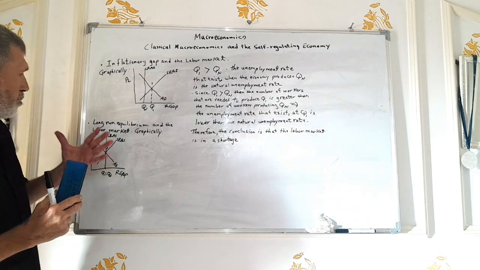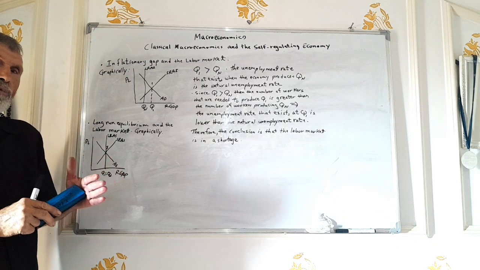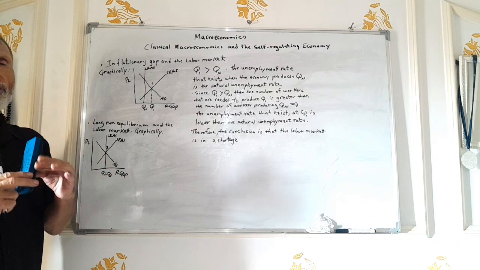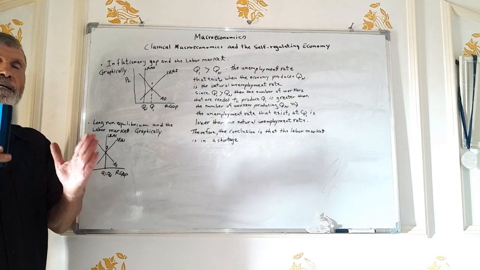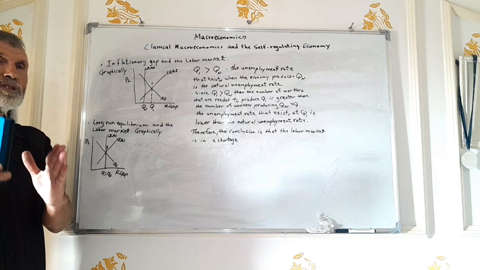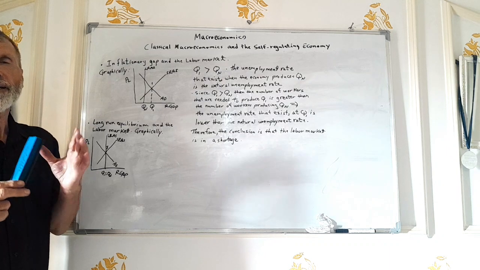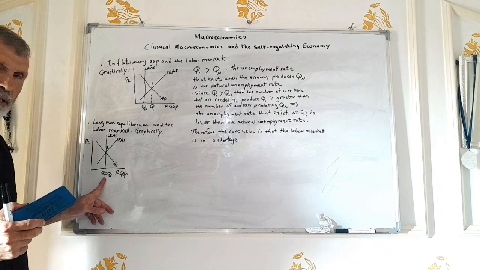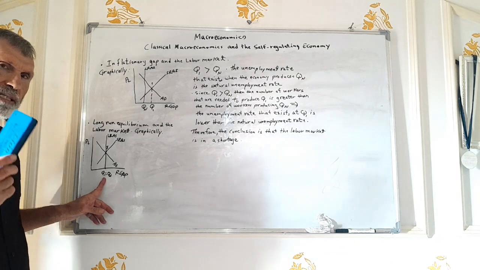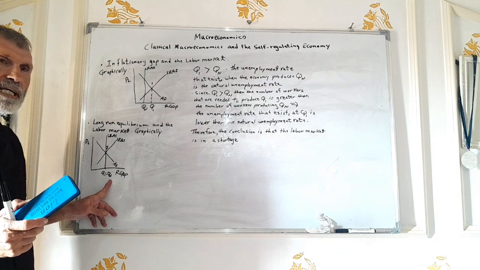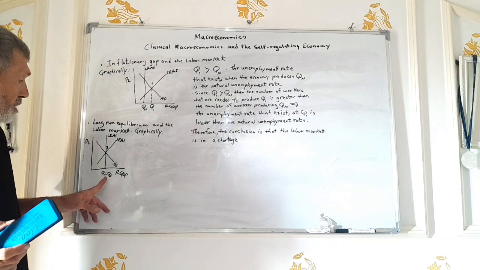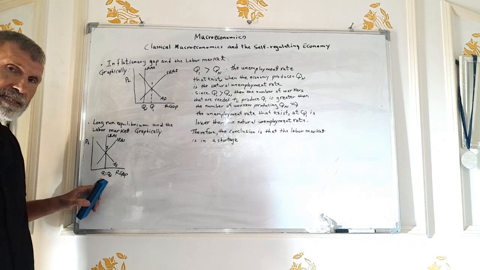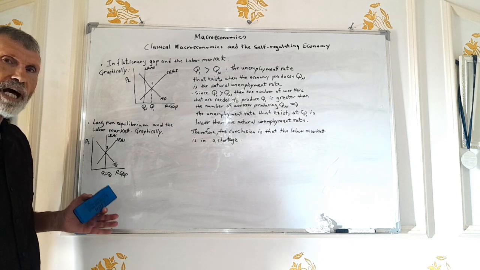Notice that when we say the economy is in long-run equilibrium, that means the quantity demanded of goods is equal to the quantity supplied, which is equal to the natural GDP. So Q1, the real GDP the economy produces, is the same as the natural GDP. In this case, the unemployment rate that exists is the same as the natural unemployment rate.